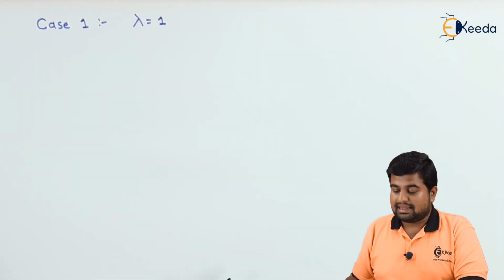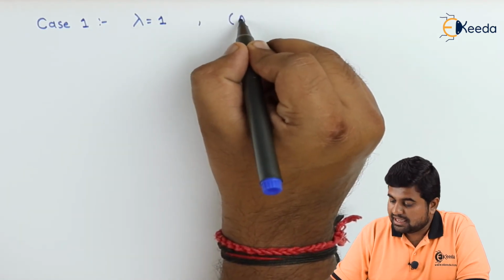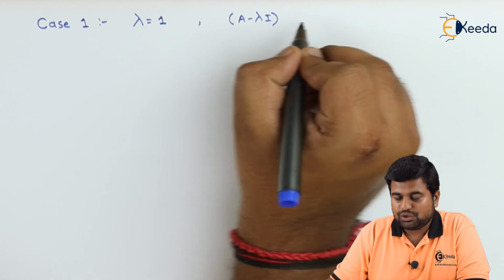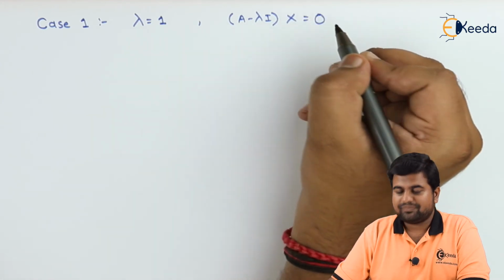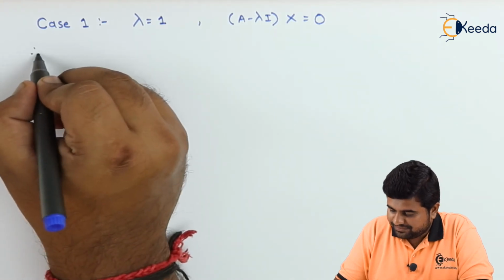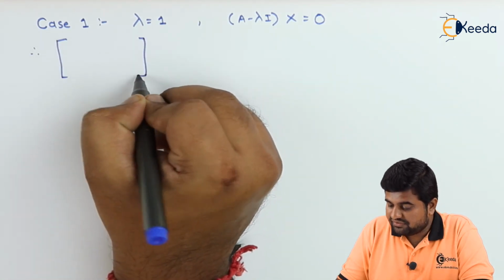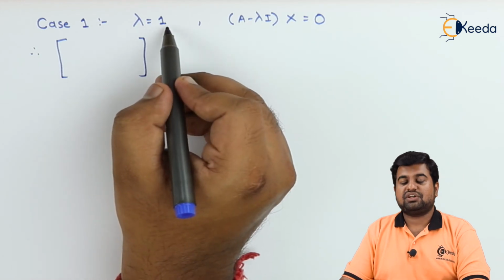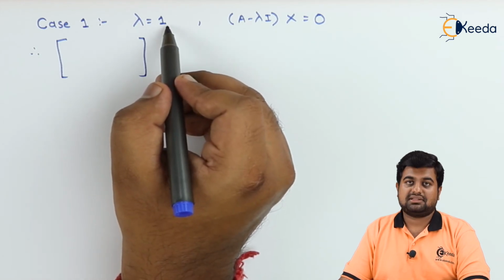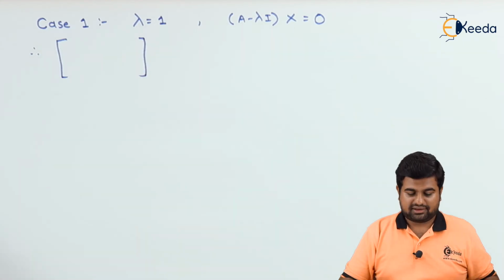Now case 1 is lambda is equal to 1, and the characteristic equation is A minus lambda I into x is equal to O, which is the null vector or the 0 vector. Therefore, lambda is equal to 1. We are going to subtract lambda is equal to 1 from the original matrix. So let us have focus on original matrix.